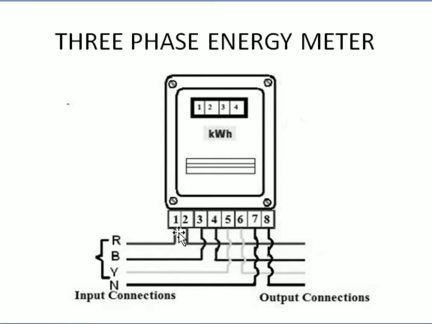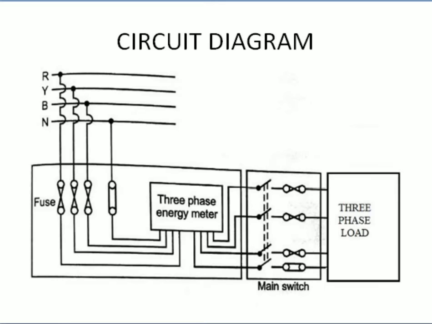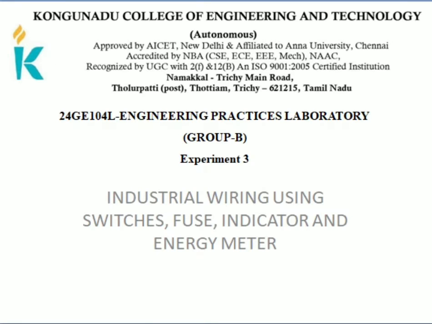All the odd terminals, 1, 3, 5, 7, will be connected to the input lines, and all the even terminals will be connected to the output. This is the 3 phase energy meter terminal configuration. These are all the basics of the industrial wiring experiment using fuse, indicator and energy meter. Thank you.